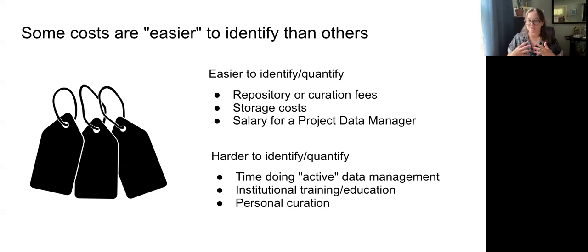Like Shawna mentioned at the start of the webinar, they really are a circle. Good science and data management have to go hand in hand, and yet now we're trying to pull them apart. And so we're thinking a lot about the invisible labor in research that's just hard to capture and quantify and put a dollar sign on.